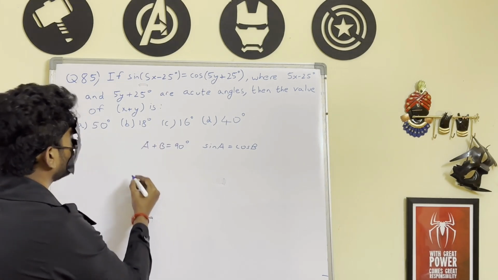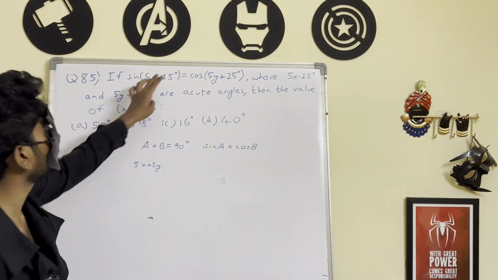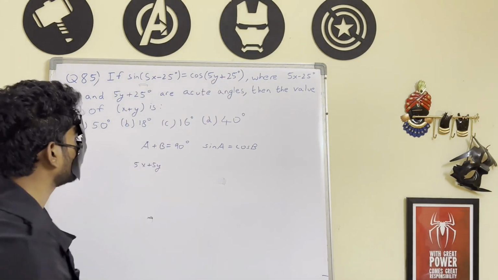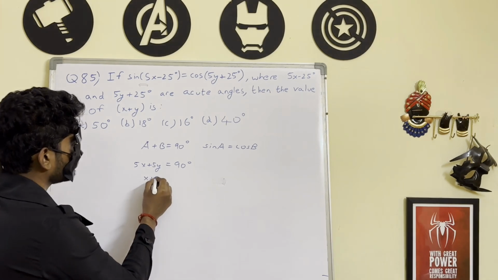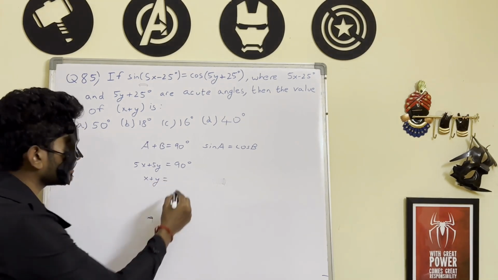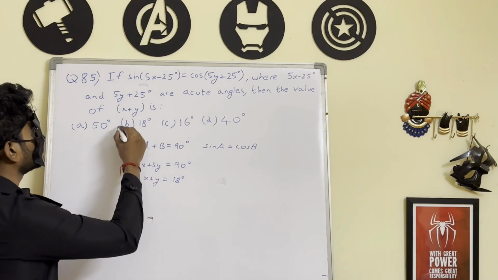So A plus B is nothing but 5x plus 5y, and this minus 25 and plus 25 get cancelled out, is equal to 90 degrees. So x plus y will be nothing but 18 degrees. So option B is right.